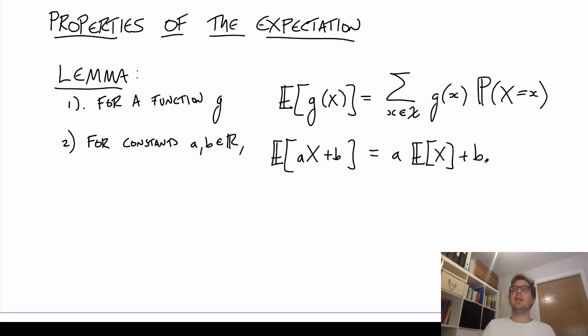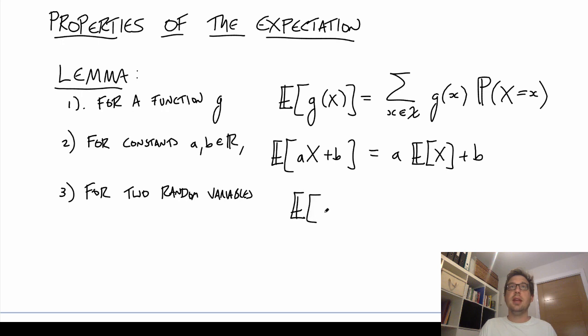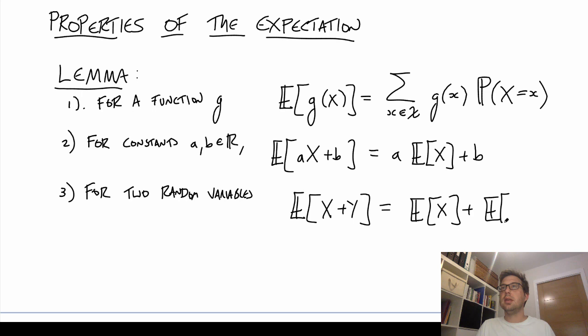So this is a nice linear operation, and we can take things out in a nice linear way. For two random variables, which we do know how to put on the same probability space, E[X + Y] is equal to E[X] plus E[Y].